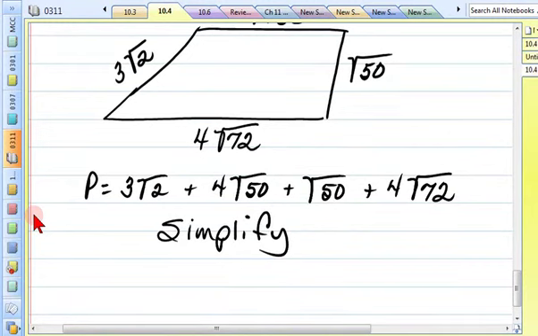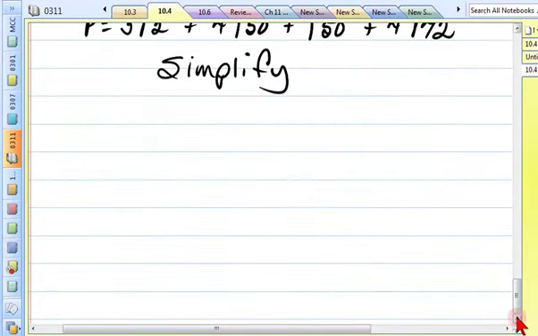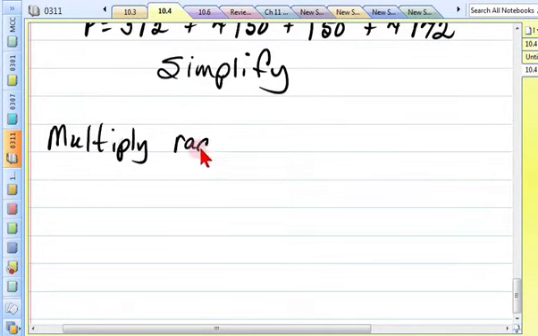All right. Now we're going to multiply radicals. Okay, so we've added and subtracted. You had to have like radicals. To multiply radicals, you actually don't have to have the same index, because we saw that yesterday.